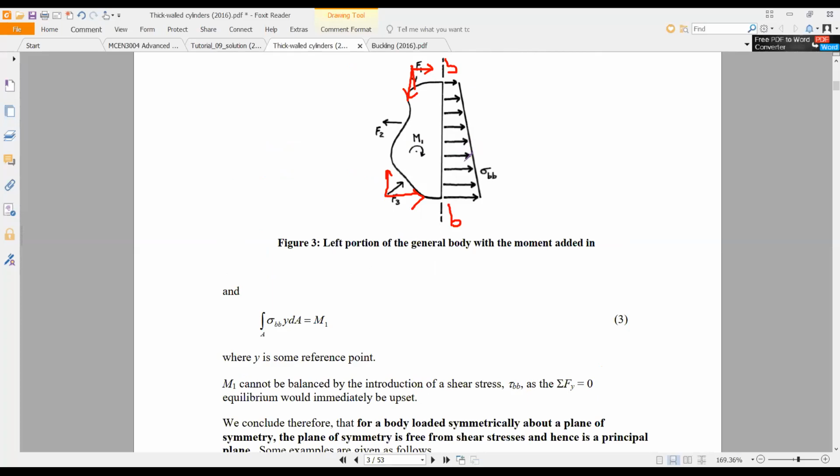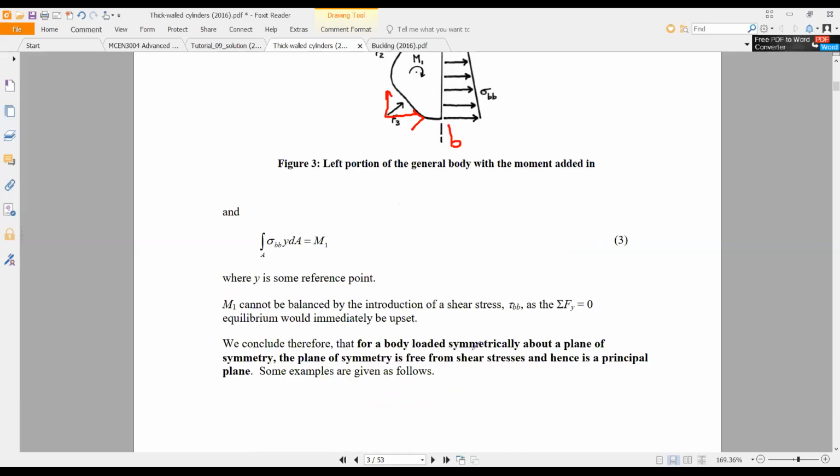If shear stress is 0, that plane is a principal plane, with principal stresses. So the symmetrical plane will be a principal plane. We conclude therefore that for a body loaded symmetrically about a plane of symmetry, the plane of symmetry is free from shear stress and hence is the principal plane. Are we clear?